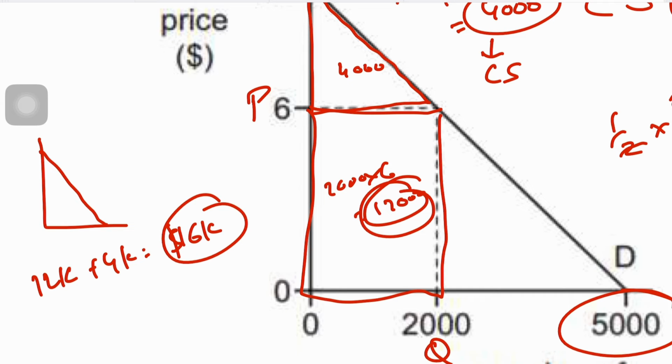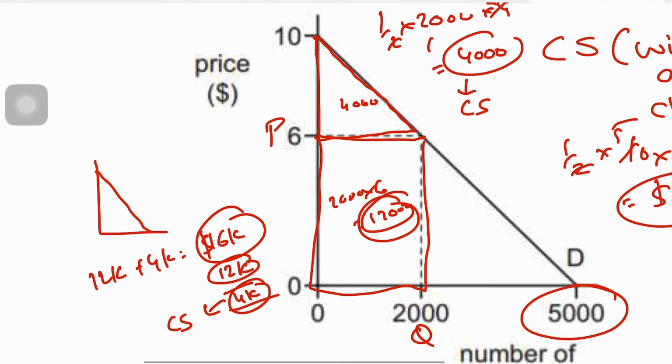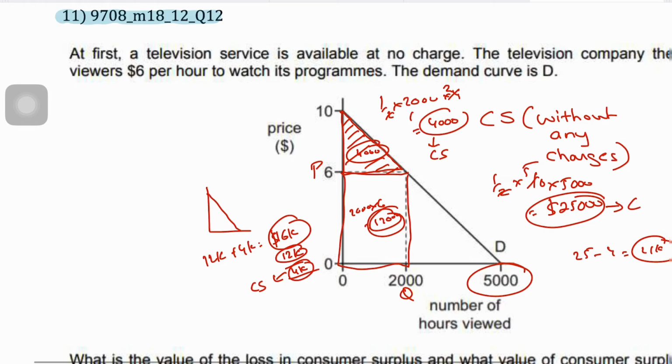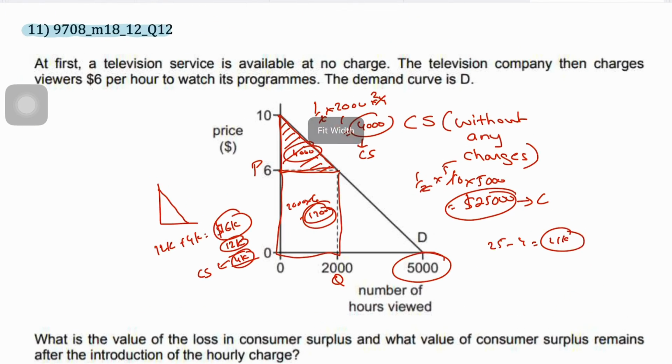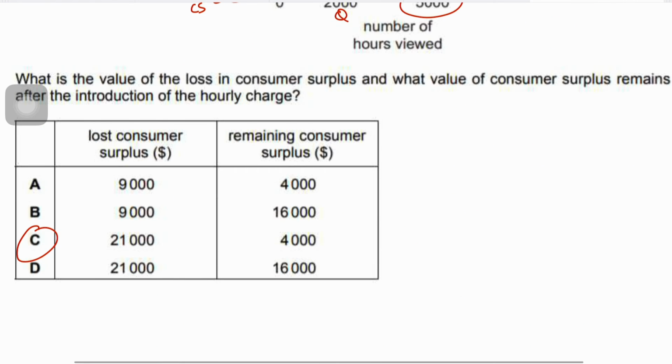And so it follows that 16,000 minus 12,000 is 4,000 of consumer surplus, which is your additional welfare. By paying 12,000, that is less than 16,000, you're gaining an additional welfare of 4,000. So that's why this triangle 4,000 is coming. This shaded region is reflecting that additional gain that you're having by consuming 2,000 hours, right? So anyway, this was just additional information, but C is the correct answer.